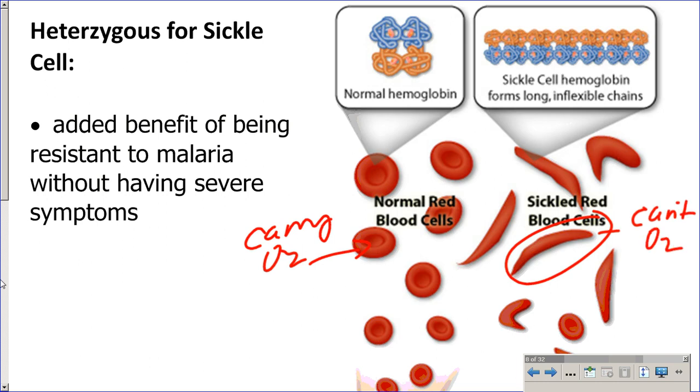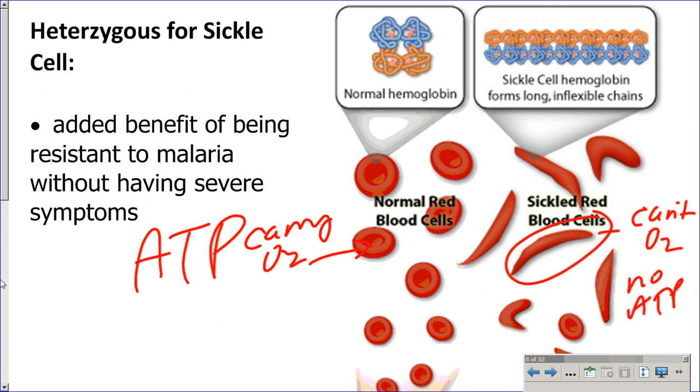So what are those people not going to be able to do in their mitochondria? Cellular respiration. People who have oxygen can take it to the mitochondria, do cellular respiration, and make lots and lots of ATP. Super energetic, right? Lots of energy to do everything. Over here, little to no ATP can be made, so they're going to feel really weak and tired all the time, like you guys right now.